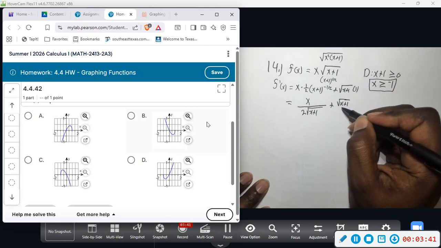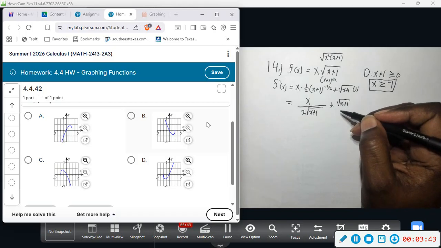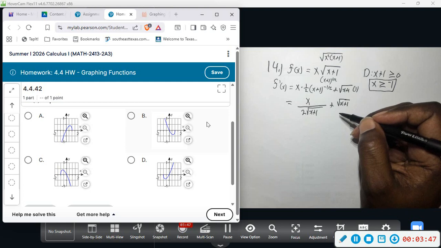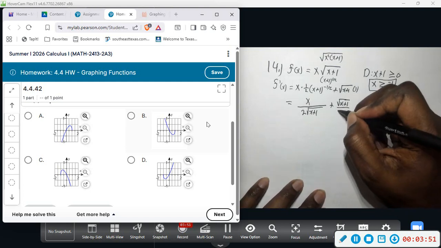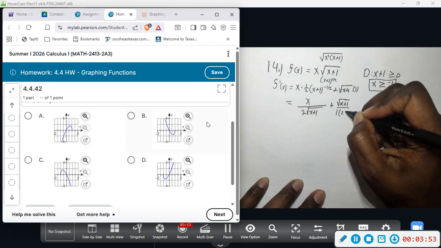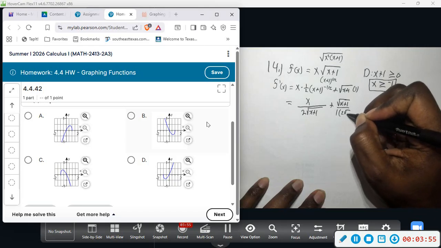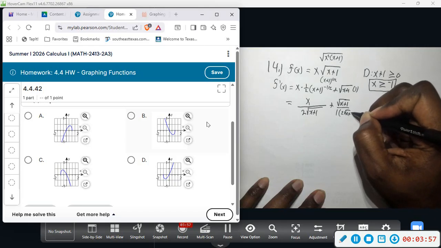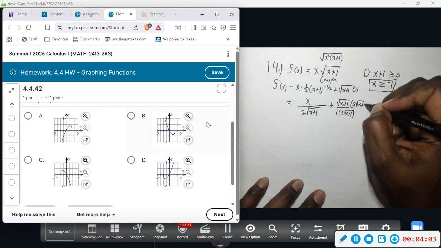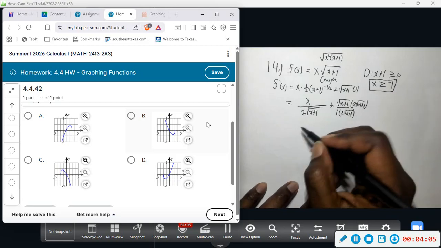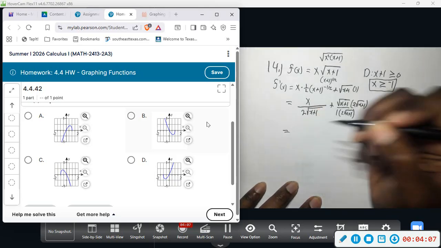And then common denominator, I can multiply top and bottom over here by 2 square roots of x plus 1. This will give me a common denominator.